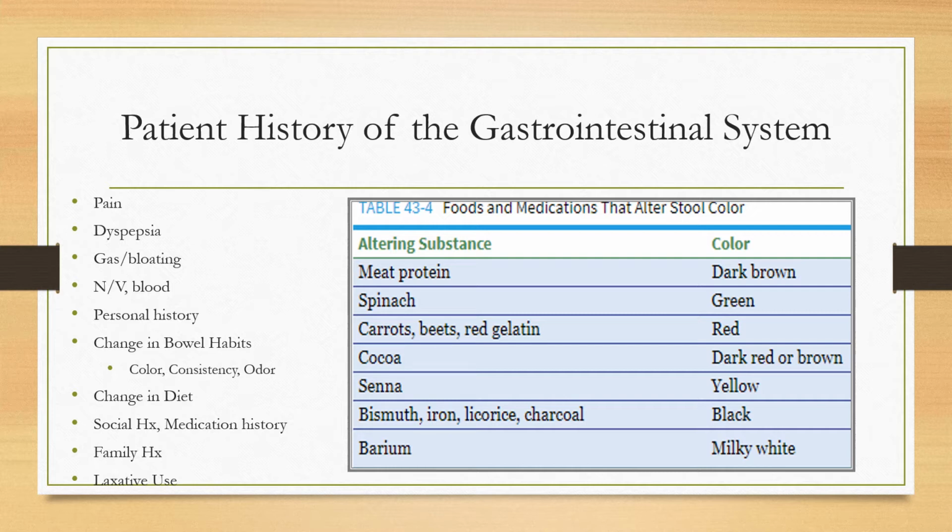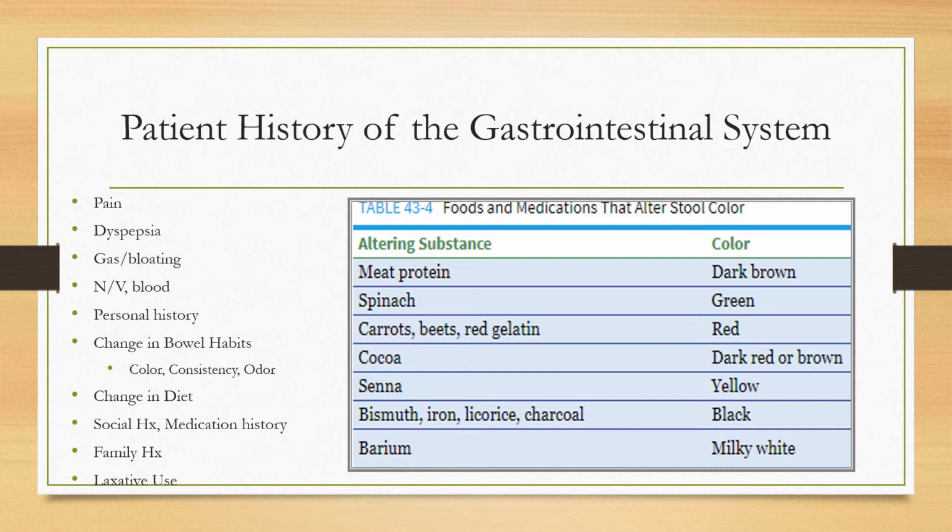Do they have dyspepsia? Dyspepsia is just an umbrella term for upset stomach. Okay, that's all it means. So you could ask, do you have dyspepsia? Or, since most people may not know that, do you have an upset stomach? Are you nauseated? Okay, gas and bloating. Some patients will just provide this information, that they're burping a lot, or passing a lot of gas and they're bloated.